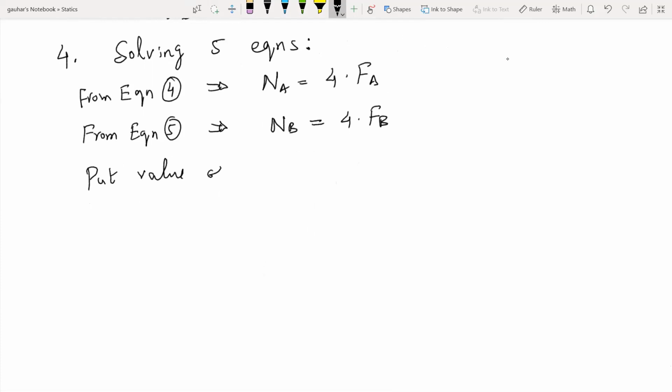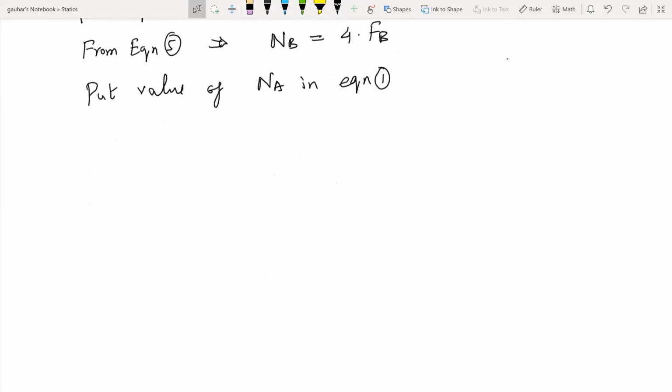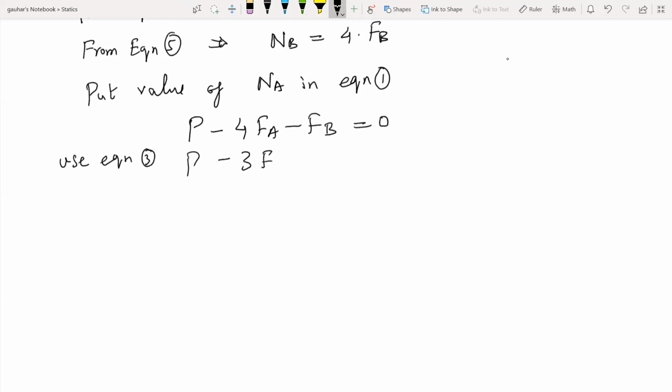Now, put this value of N sub A in equation 1. Do that, and you get P minus 4 times F sub A minus F sub B equals 0. Now, if you use equation 3 here, which is P minus 3F sub B minus 3F sub A equals 0.